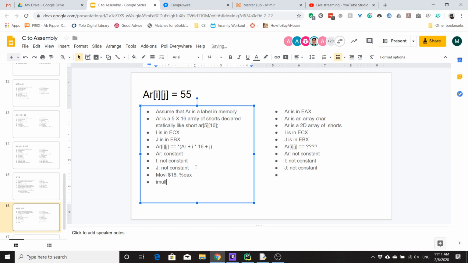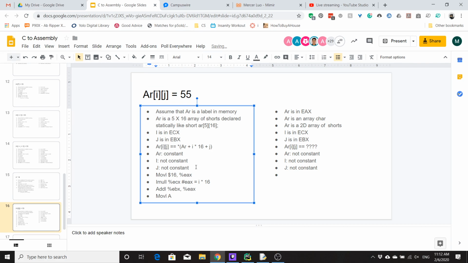And then we can do our imul by ECX, right? That's going to make EAX equal to ECX, which is I times 16. Then we can do an addition, addl percent EBX to percent EAX, and then we can do a movl, right?